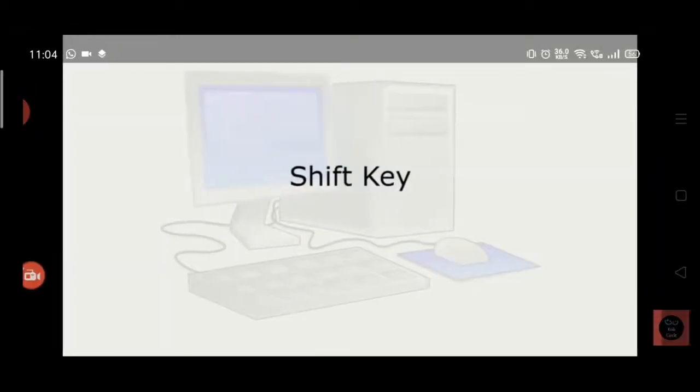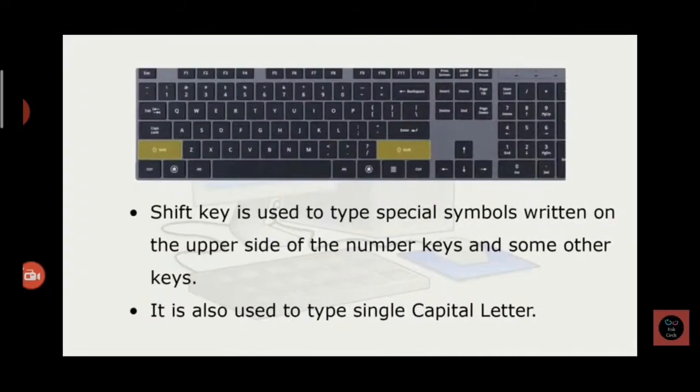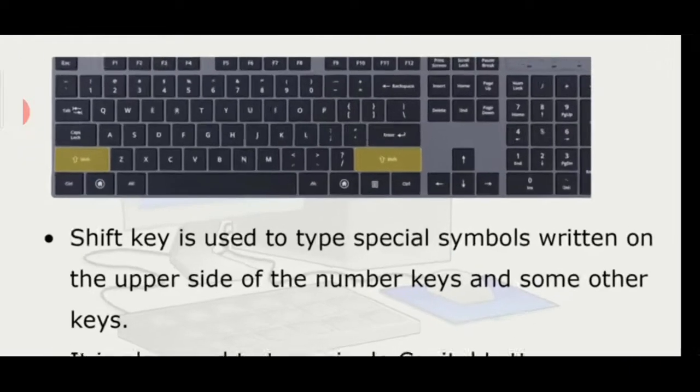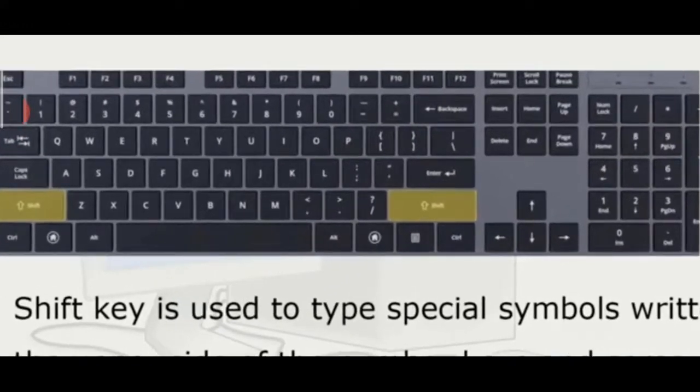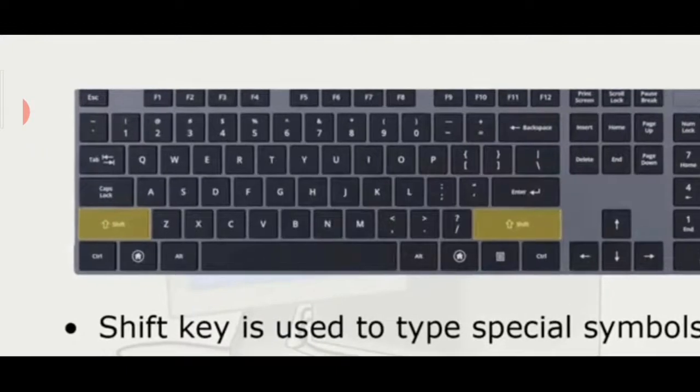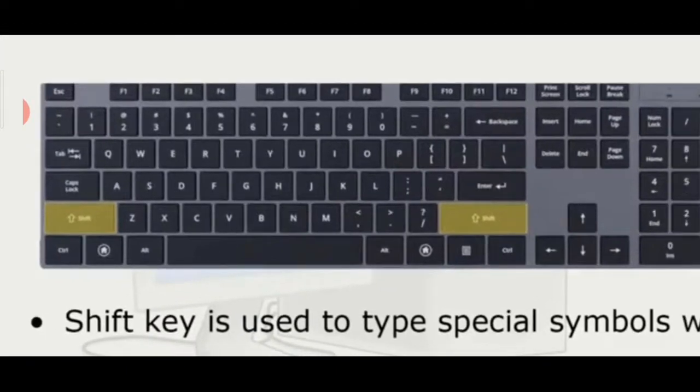Shift key. The shift key is used to type special symbols written on the upper side of the number keys and some other keys. Now look at the picture carefully. Here you can see some keys where two letters or two symbols are there.